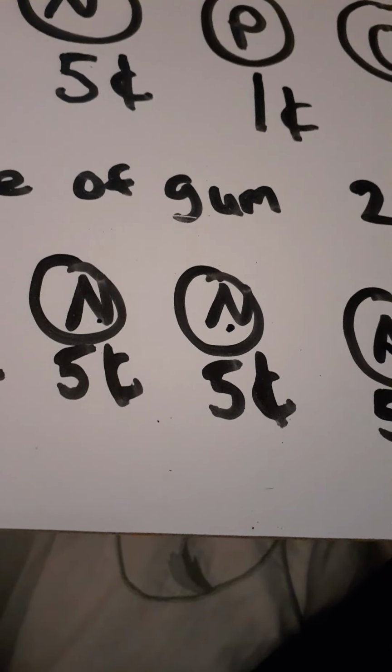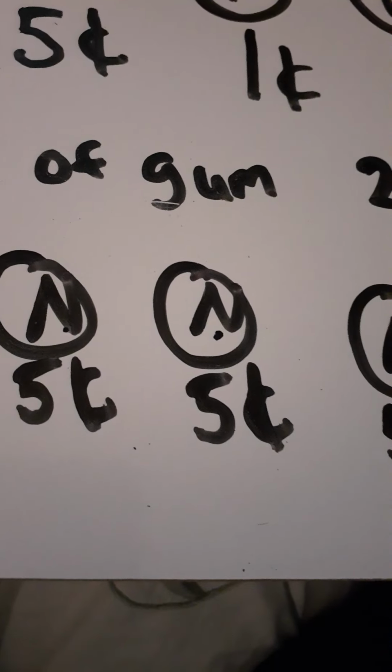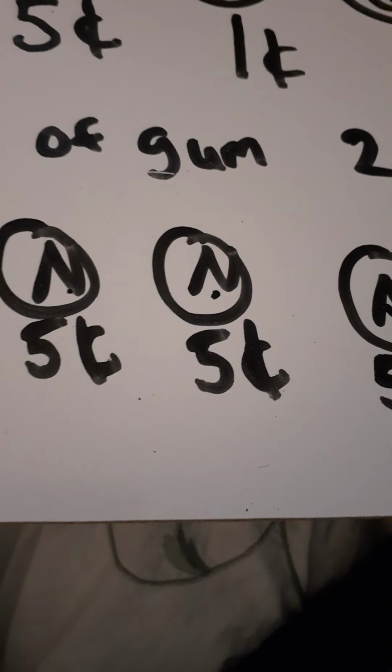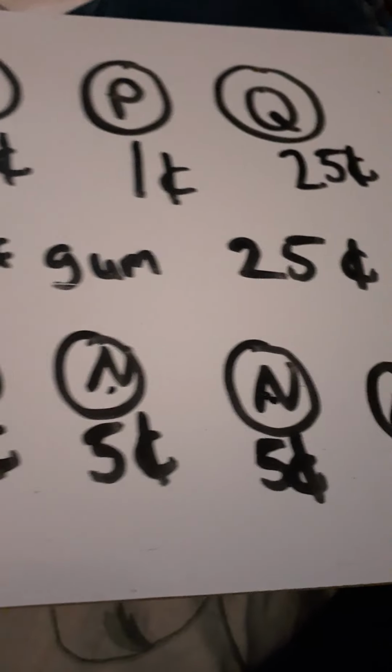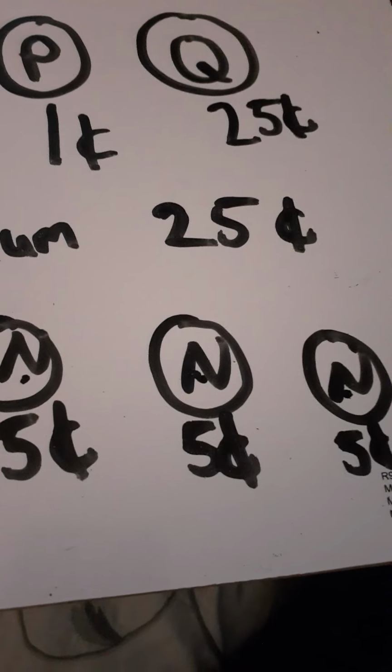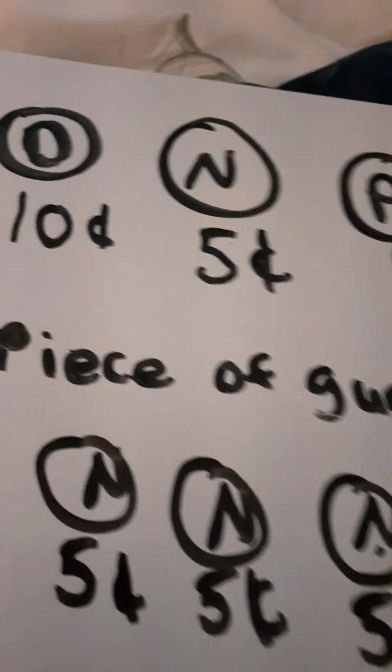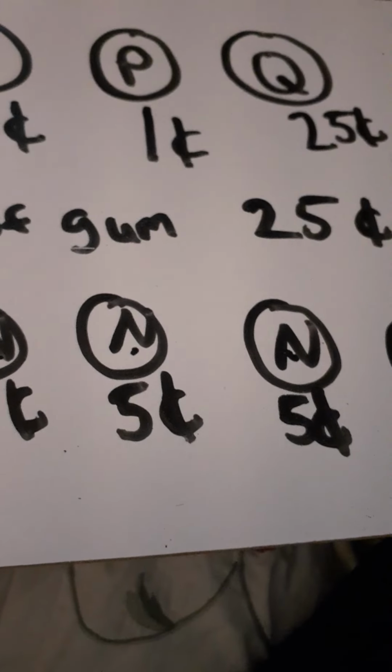What else could we do? There's 2 more options that I'm thinking of. I want you to think of something else we can do to pay for a piece of gum, which is 25 cents. It doesn't just have to be 5 nickels. What else could we do?